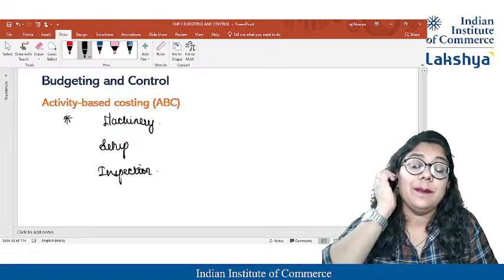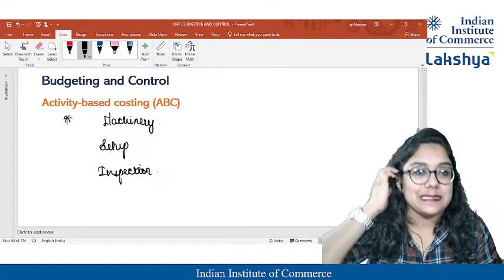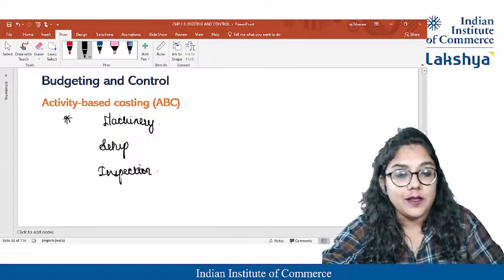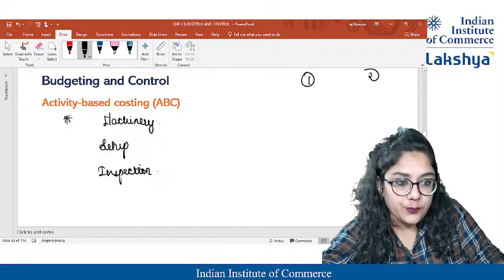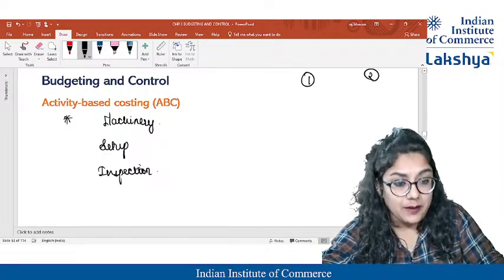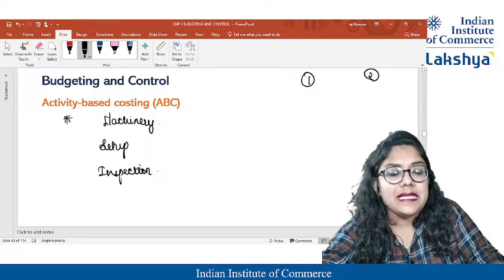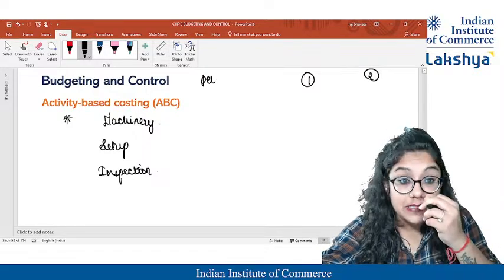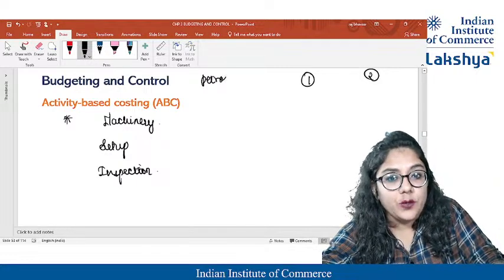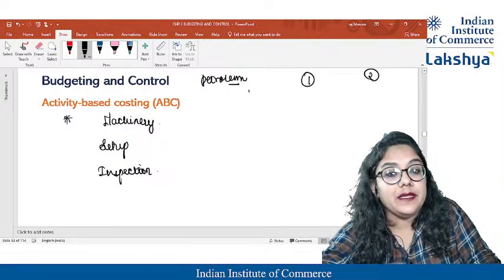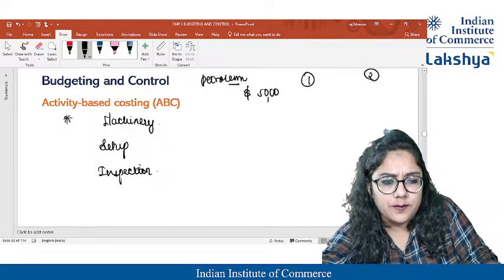Okay, but beyond that, let me give you one simple example. Let's say product 1 and product 2, it's vehicles type thing. Two vehicles. The petroleum expenditure in the company is, let's say, $50,000.